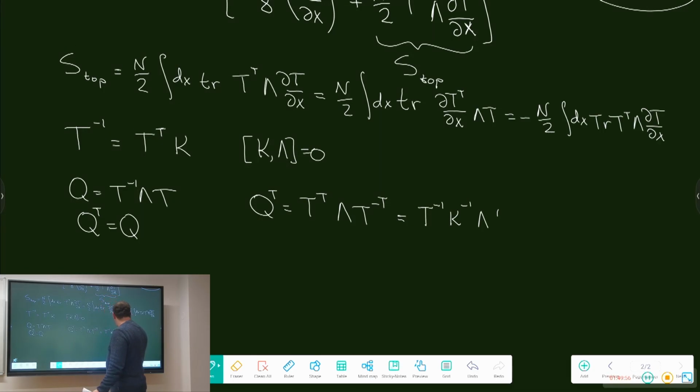Just KT, yeah. K. Which one? T minus 1 is equal to T transpose K. You just transpose that expression. I transpose this expression, T inverse transposed equals K transpose T. K transpose T.